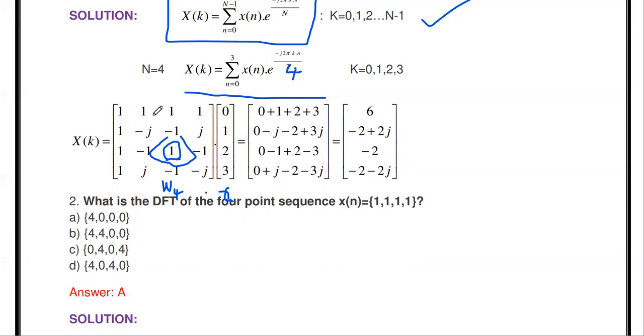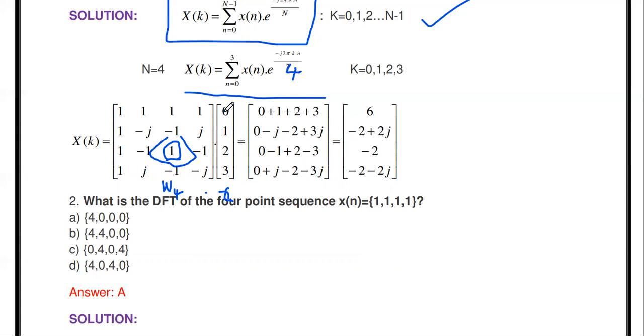The first row multiplied with the x of n value: 1 into 0 plus 1 into 1 plus 1 into 2 plus 1 into 3, so 0 plus 1 plus 2 plus 3, the answer is 6. Similarly, the second row multiplied with this column gives minus 2 plus 2j.